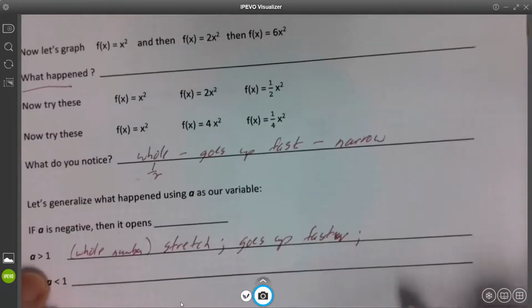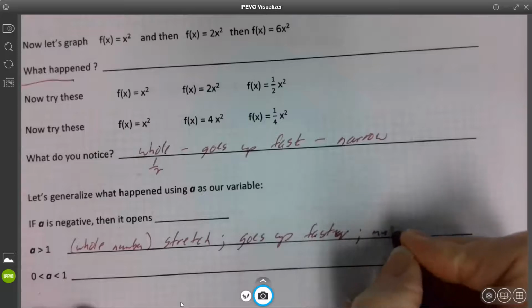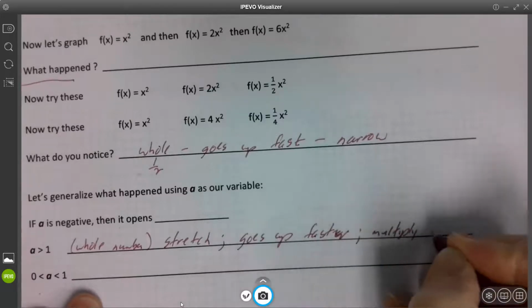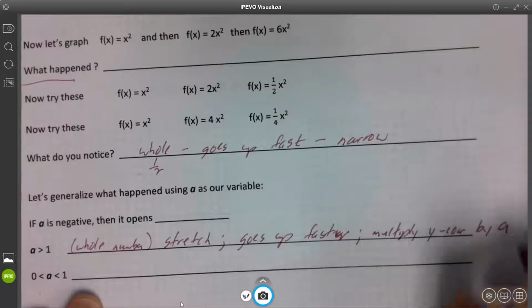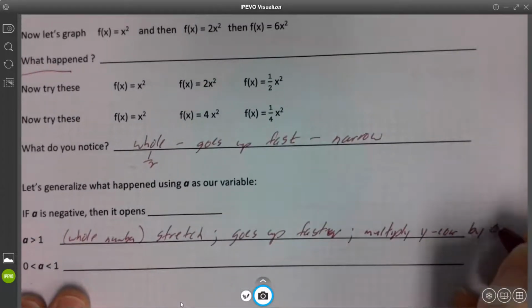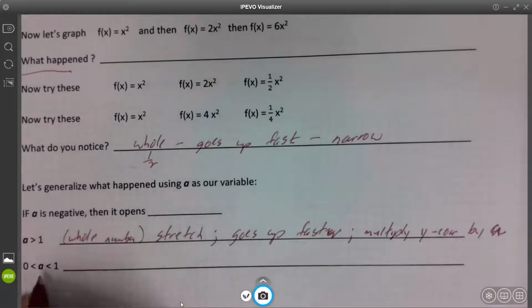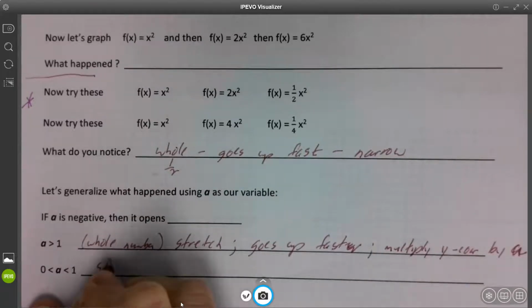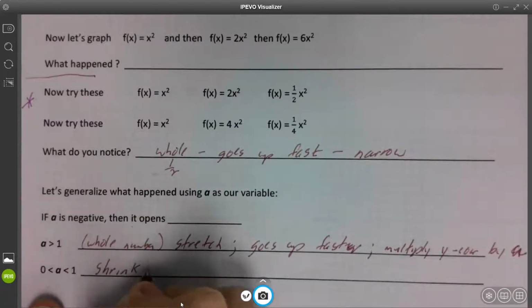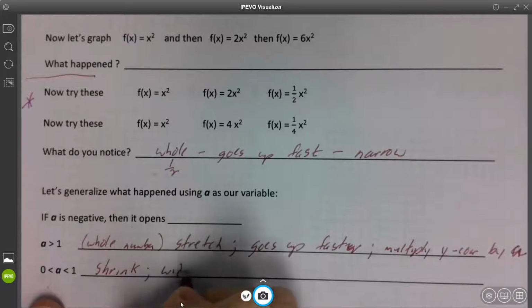We're going to multiply the y coordinate by a in order to find out the new point. That's an a. Okay? If it's a fraction, if it's between 0 and 1, it shrinks it. What we say is a shrink. This one is going to be wide.